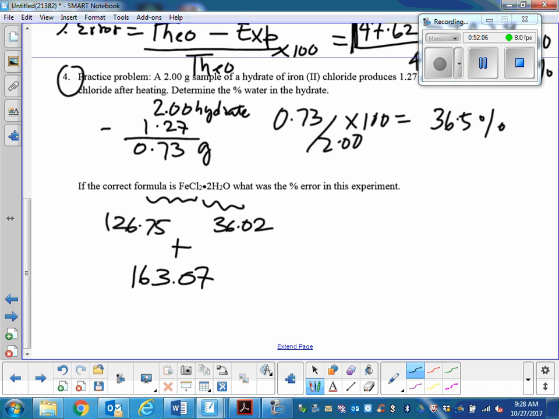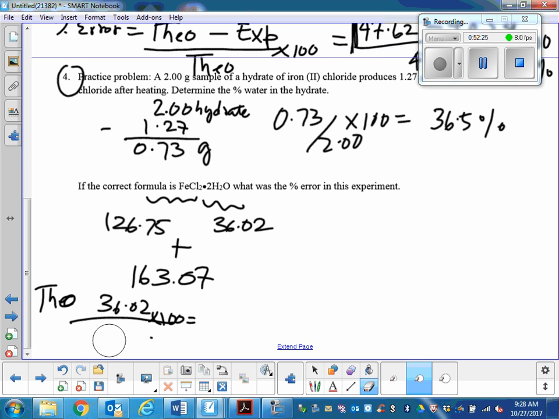163.07. Now I find the theoretical percent of water. Is that right? 36.02 divided by 163.07 times 100. What is it? I think it's 162.79. Is that right?